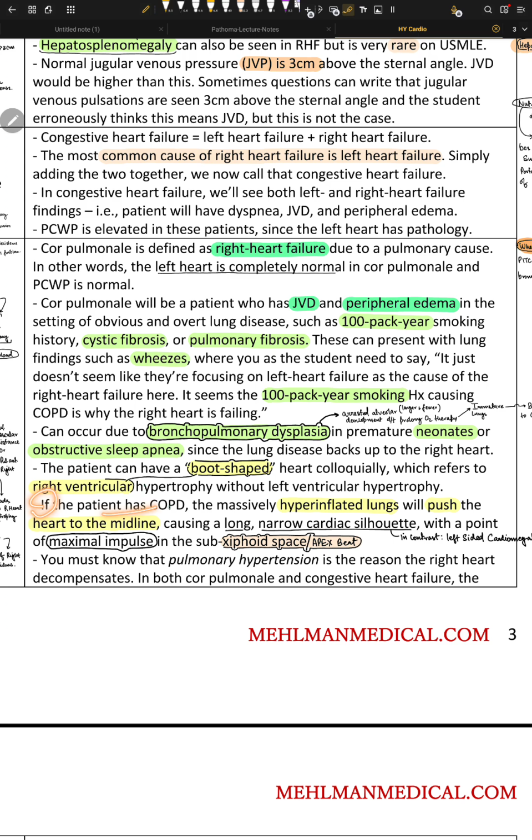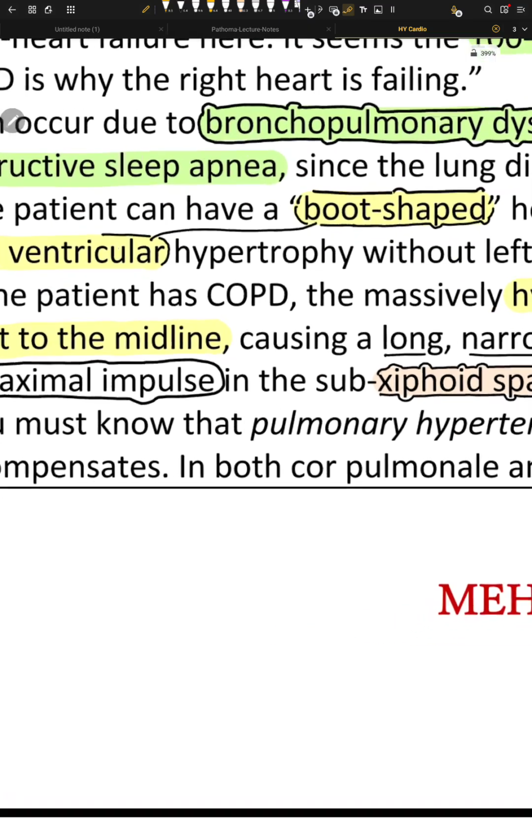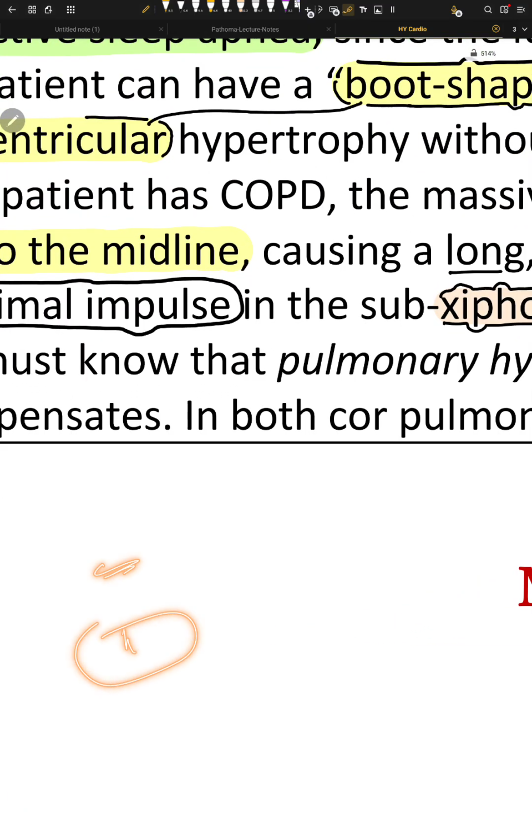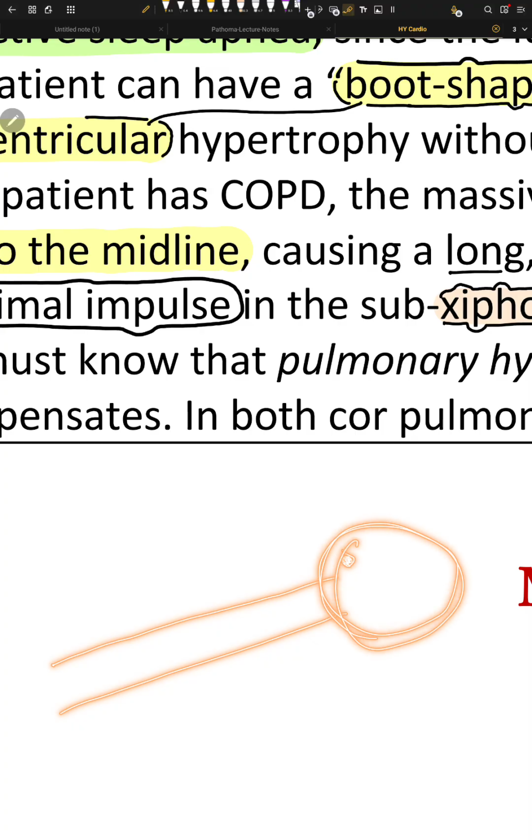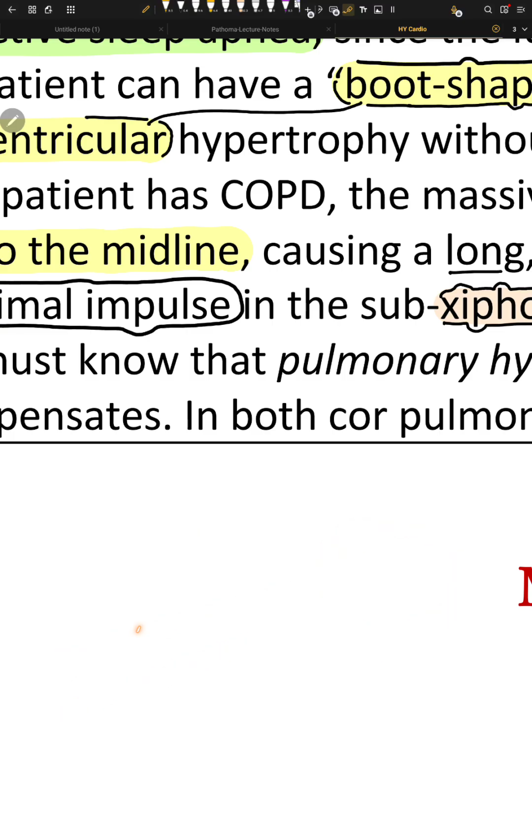Okay, so if the patient has COPD, the massively hyperinflated lung, right? Why hyperinflated? Because air is getting trapped inside the lungs. Okay, so usually what happens here is that due to anatomical structure, air is not supposed to get trapped inside the lungs, because we have these, what are they called, I just forgot the name, but anatomically your alveoli have these structures.